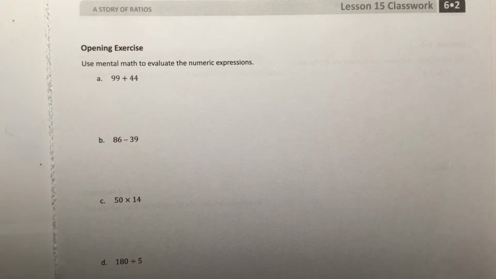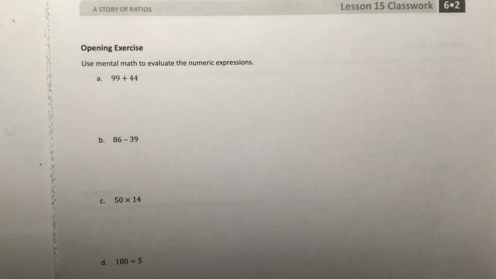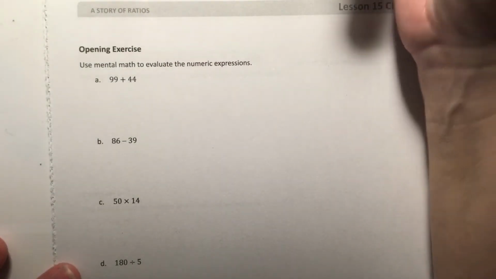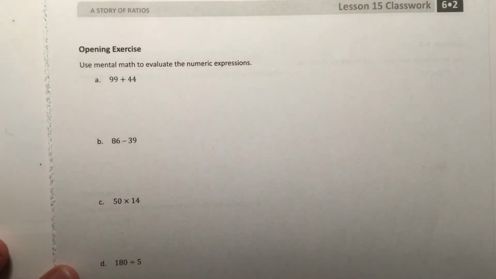So when I'm adding, I see here that I have 99 and 44, okay? So I'm adding those two together. I don't want to do that in my head, okay? So because this is 99 and it's so close to 100, the 44 is going to give 1 to the 99, okay?